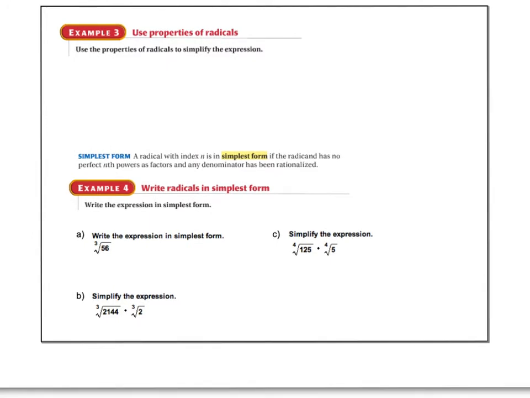So example 3 I will write down for you. Our first example is we have the expression the third root of 125 times the third root of 8. And you could leave it like this and try to find a third root of each of them.